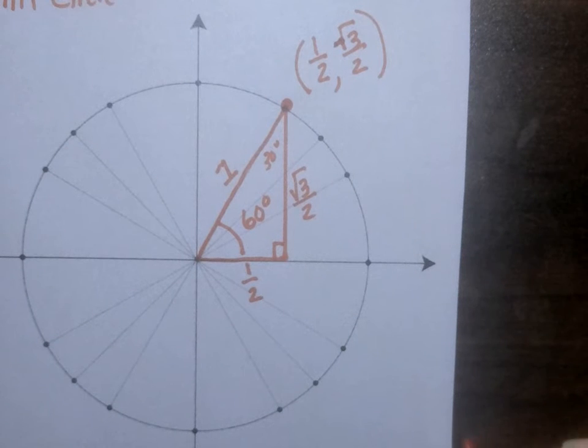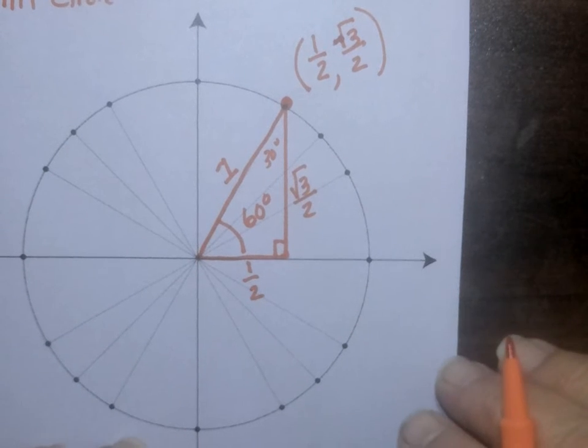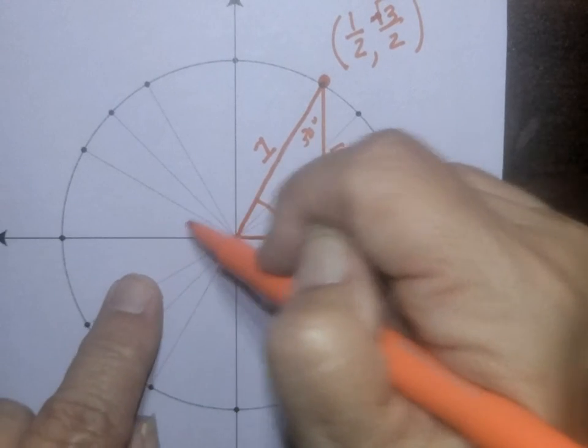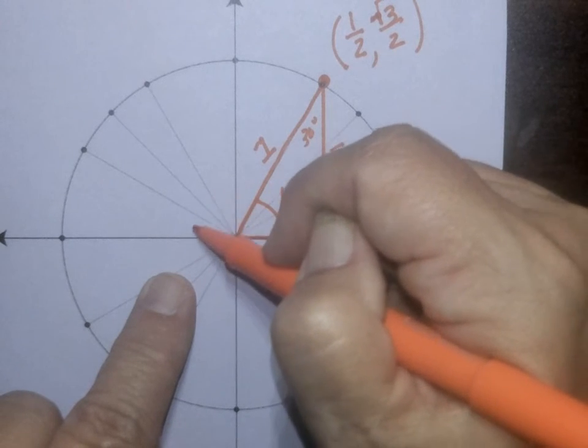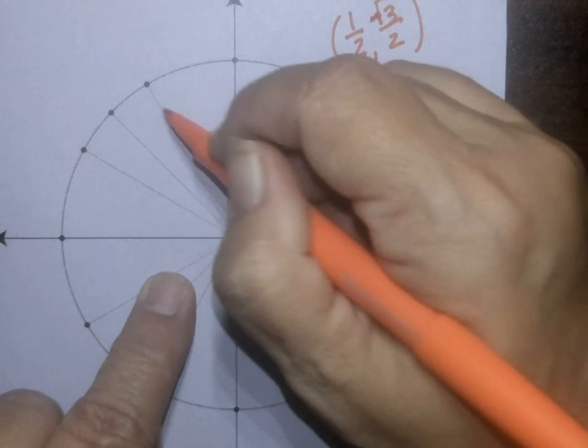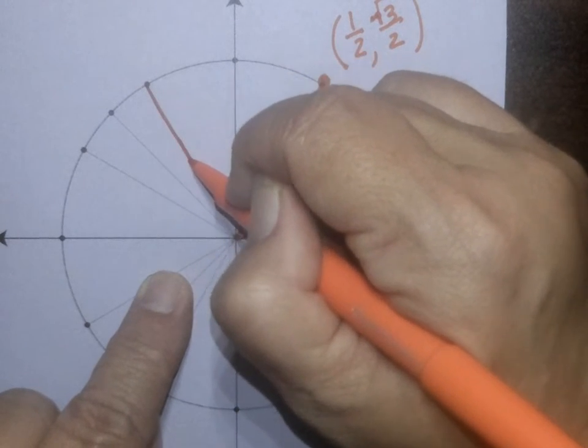Alright, so now let's just make our way around the unit circle. So I want a reference angle of 60 here, right? So that's going to be this ray.